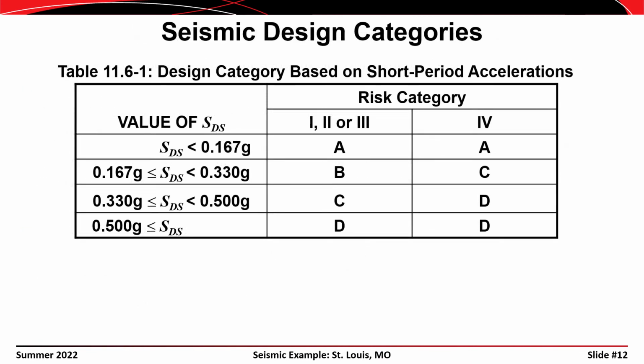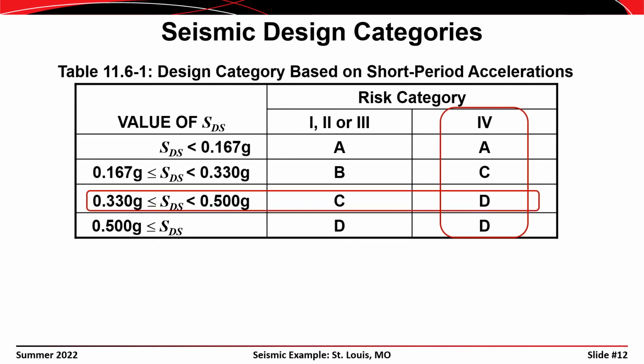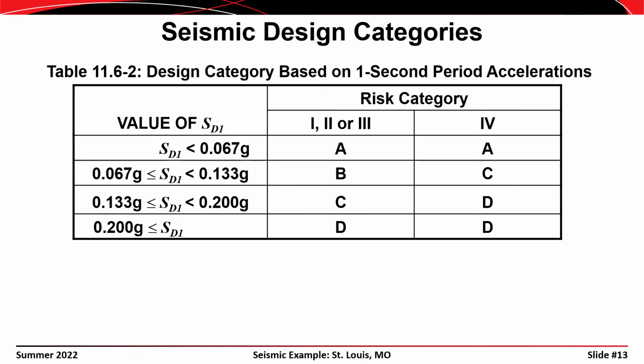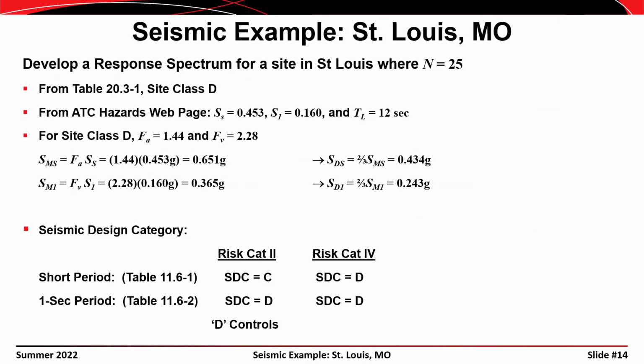Referring to table 11.6-1 for a risk category 4 structure, we can see that now the seismic design category would be a D instead of a C. And for table 11.6-2 for a risk category 4 structure, we would have a seismic design category D. So the worst of those two controls; in this case they're the same, so it's moot, but we would have a seismic design category D for both a risk category 2 and a risk category 4 structure.